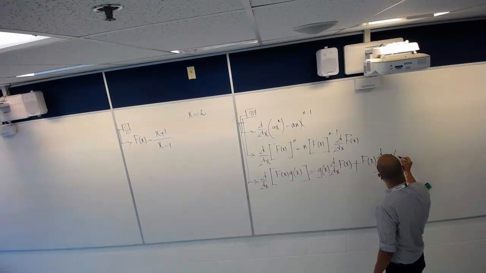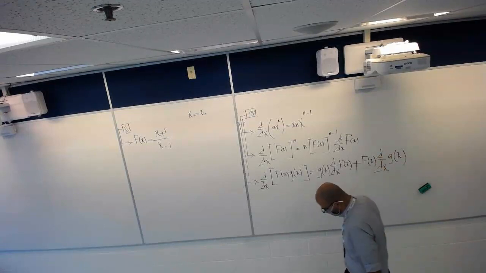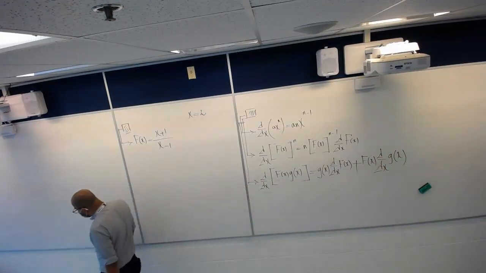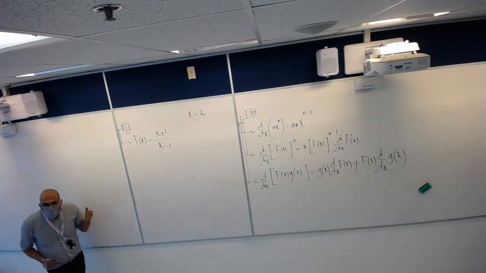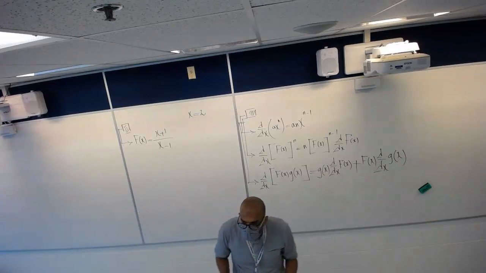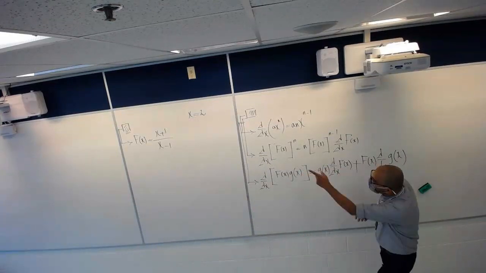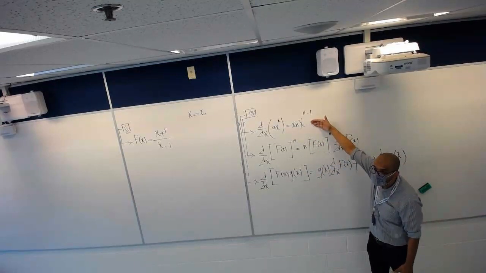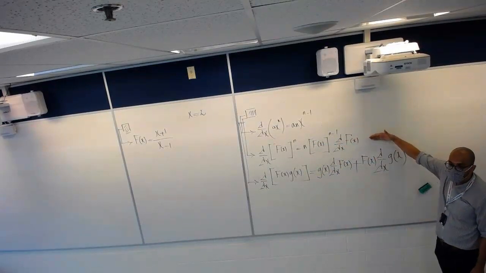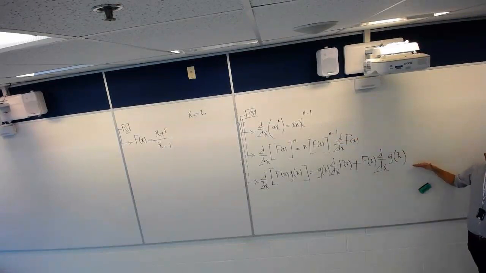Okay, right now, I see a function and I wonder which method I have to use. This one doesn't look like any of these: the power rule, the composite rule, and the product rule.